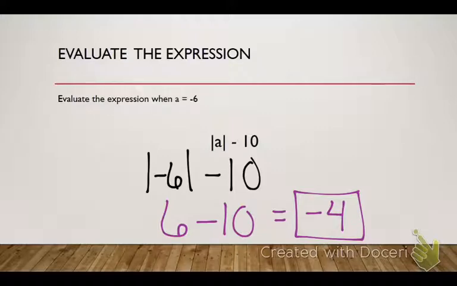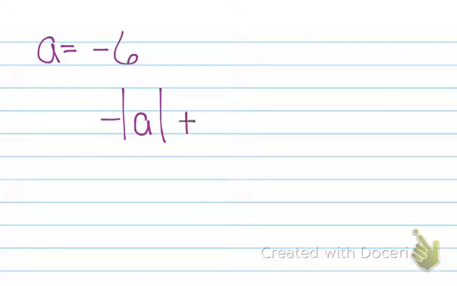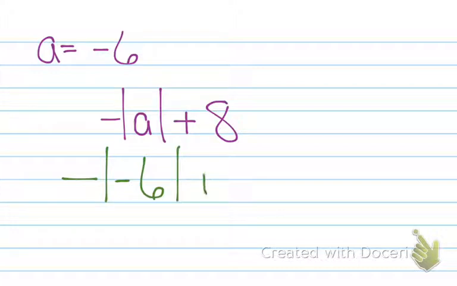All right. What if you had something like this? I'm going to switch screens really quick and just give you another sample problem. So let's stick with the A equals negative 6 value. What if I asked you to find the negative absolute value of A plus 8? So I have the negative absolute value of negative 6 plus 8.